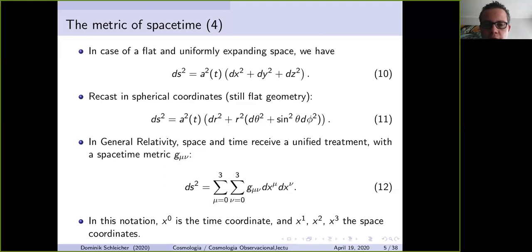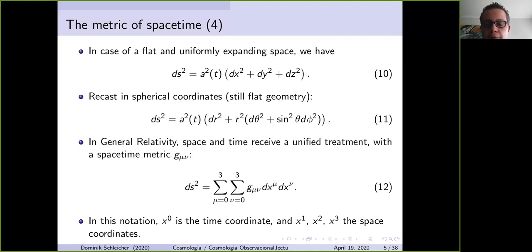And the metric, or the metric matrix, is g mu nu, and it's multiplied here with dx mu and dx nu, which are basically the space-time components of the displacement. So dx1 to dx3 are basically our usual coordinates x, y, z. dx0 is the time component.